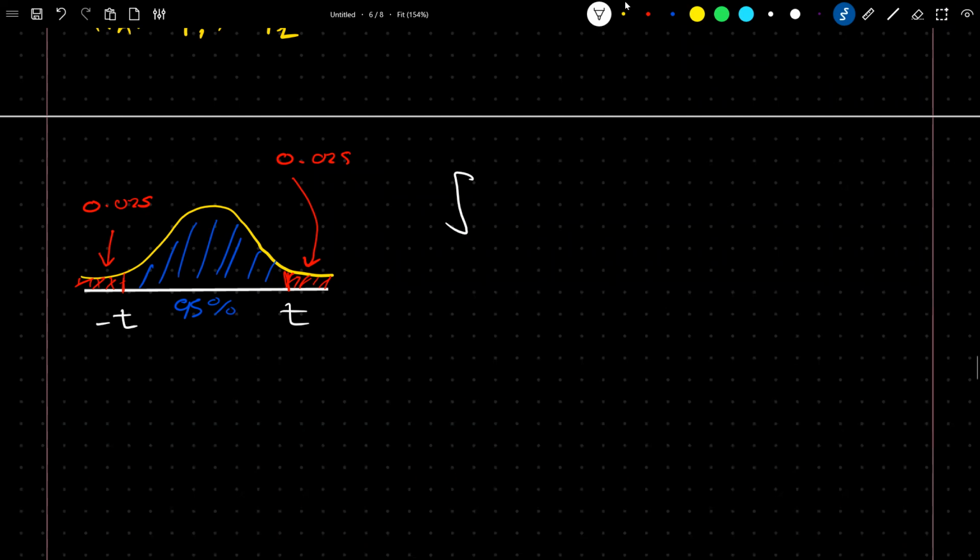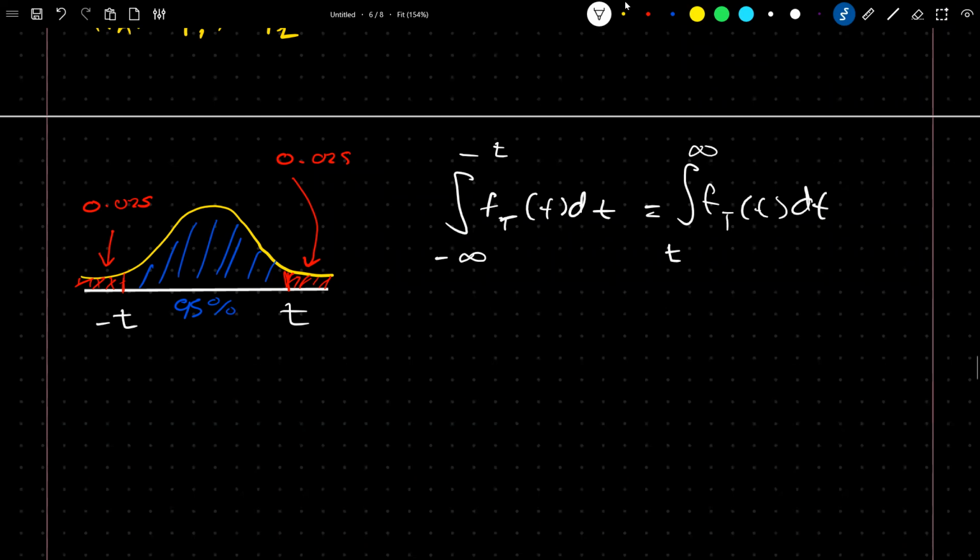And so I'm going to calculate either from negative infinity to negative t of my t distribution PDF, or, which is going to be the same thing, from t to infinity of f(t) dt. And that's going to give me the area underneath this curve.